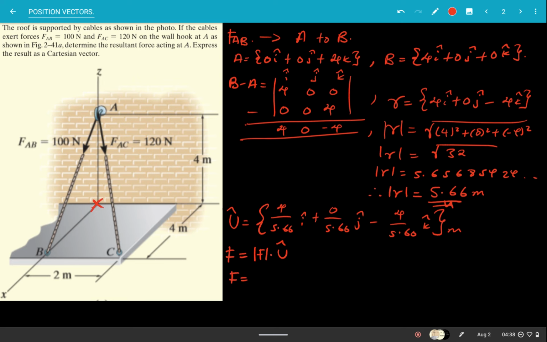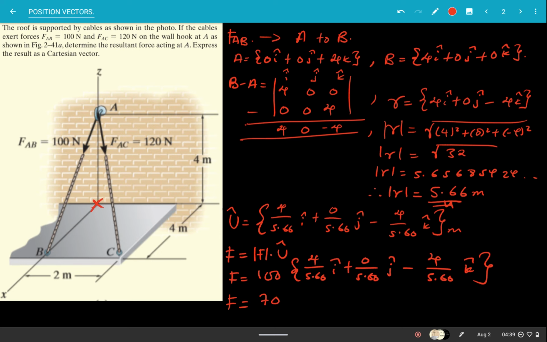So the force is equal to the magnitude, which is 100, times the unit vector, so 4 over 5.66 in the I, plus 0 over 5.66 in the J, minus 4 over 5.66 in the K. Therefore the force, if you compute this clearly, you have 70.6715, just end it there, in the I, plus 0 in the J, minus 70.6715, that's in the K.